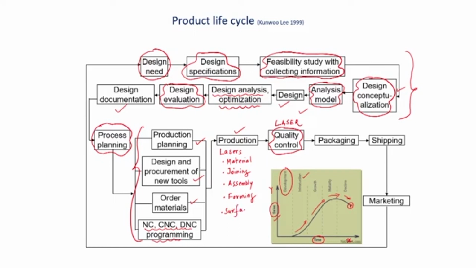So, all these modules we have already seen in our previous weeks. All these are coming into the production operations, and now the lasers are also useful at the design stage as well. So, laser based design is coming into the rapid prototyping, that is 3D printing.